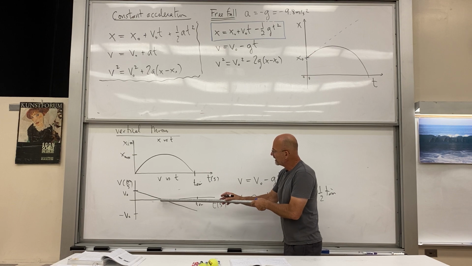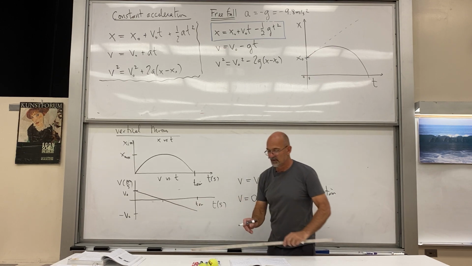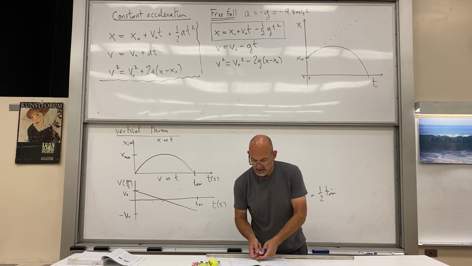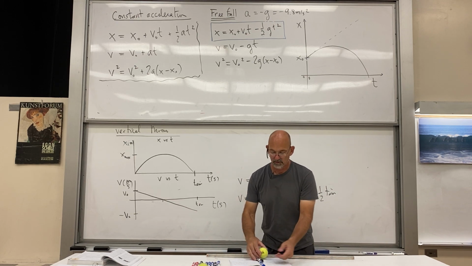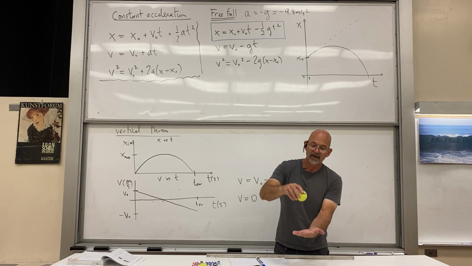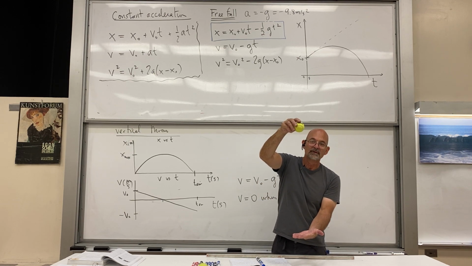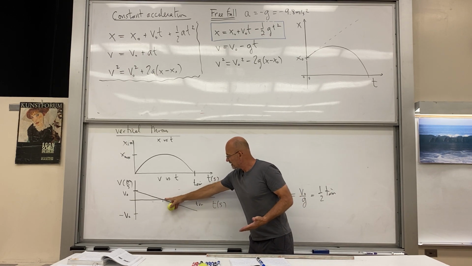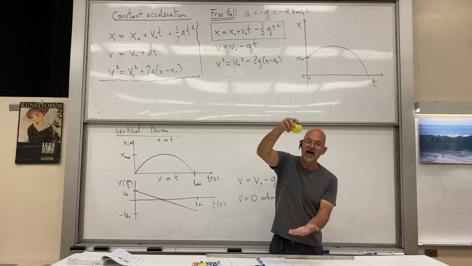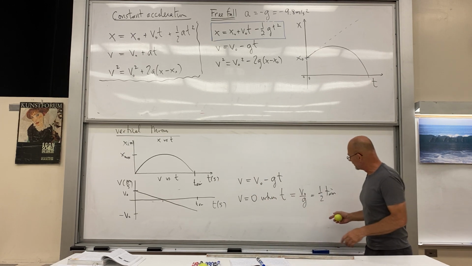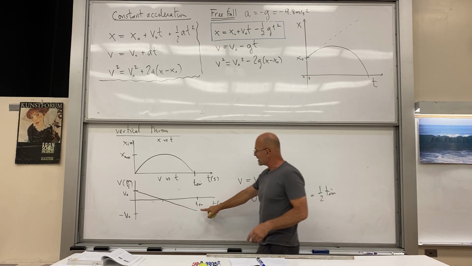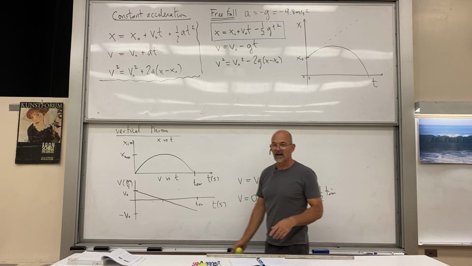That's right there. It starts out positive. Here's a slow motion: it leaves my hand, it's rising, comes to a stop, turns around, comes back down. When it hits my hand, it has the same speed with the opposite direction that it had when I released it.